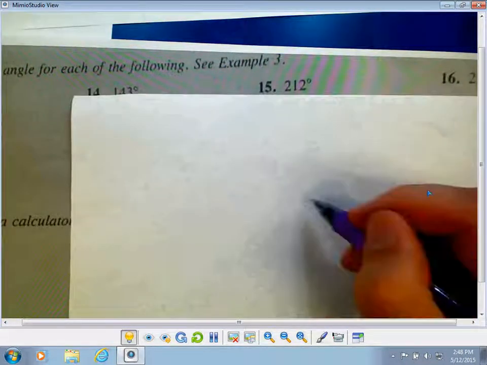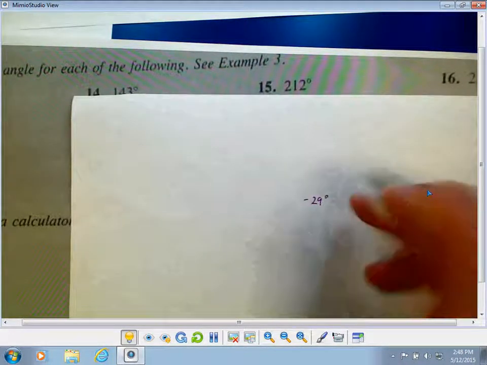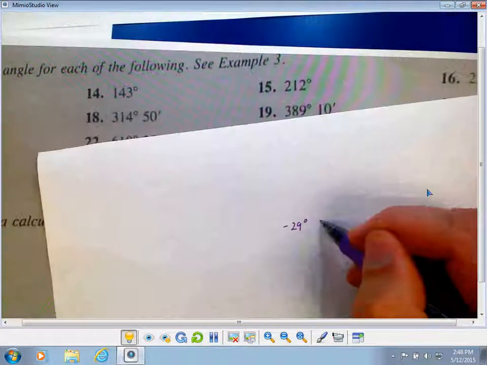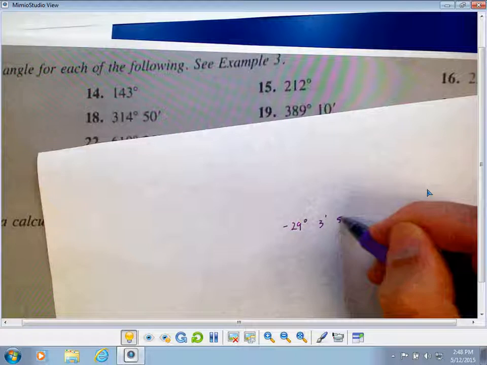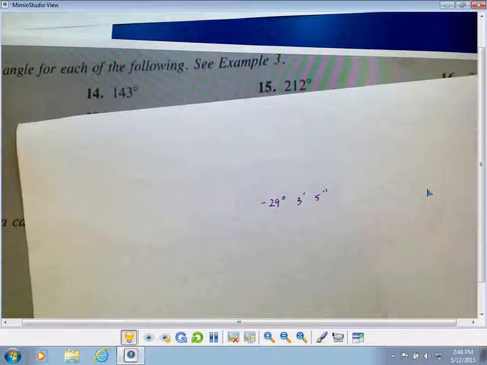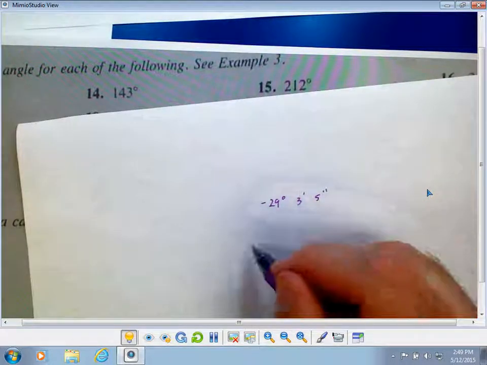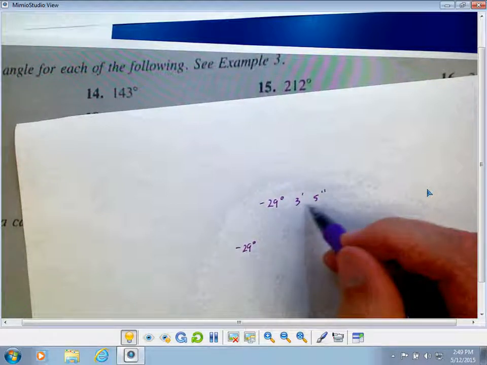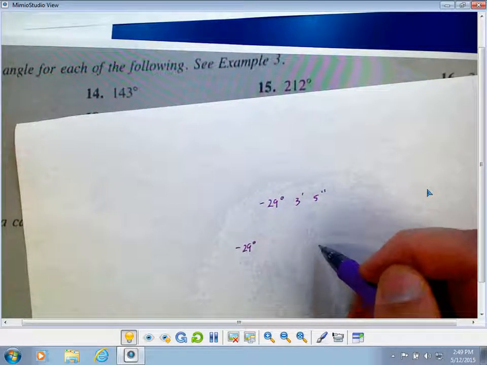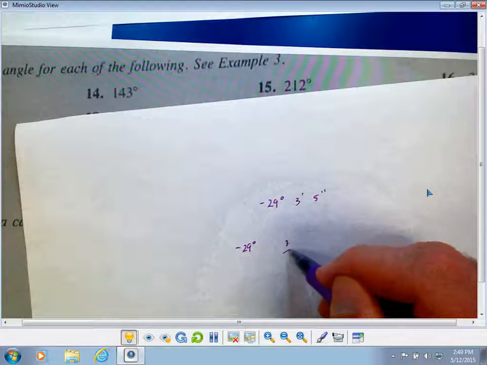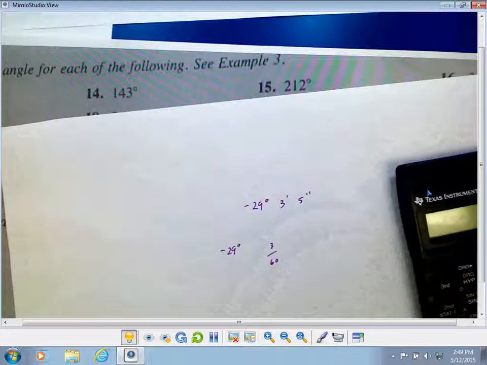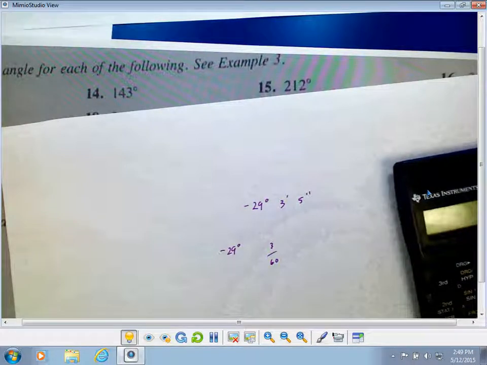So if we wanted to turn negative 29 degrees, 3 minutes and 5 seconds into a decimal that we could just use in the calculator, the first thing you do is set aside the whole number degrees. Okay, then you're looking at 3 minutes and 5 seconds. Take the 3 minutes and divide it by 60. So you're going to get a decimal. 3 divided by 60.